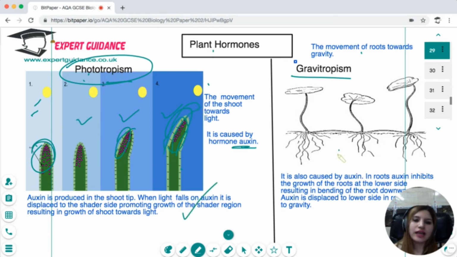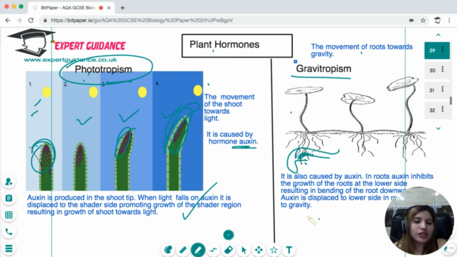On the other hand, in response to gravity, the auxin shifts towards the ground side. So towards the lower side, the auxin accumulates in response to gravity. And in the roots, auxin has an opposite effect. Where it is concentrated, it is inhibiting the growth. So the other side of the root grows, which results in the bending of the root downwards.